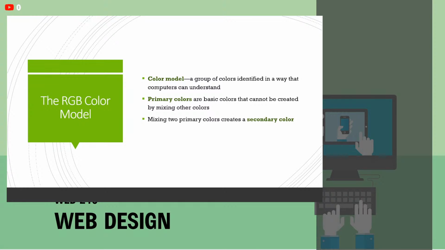So in digital color, our primary colors are red, green, and blue, R, G, and B. And when we take two of these colors and mix them together, we get secondary colors.